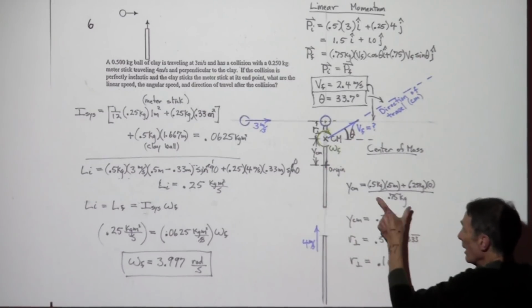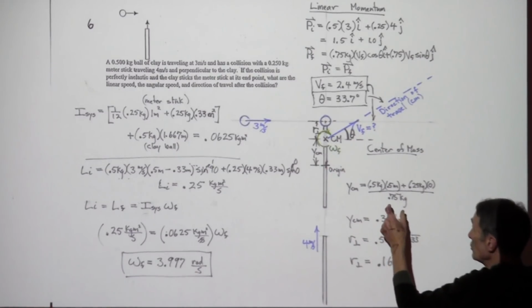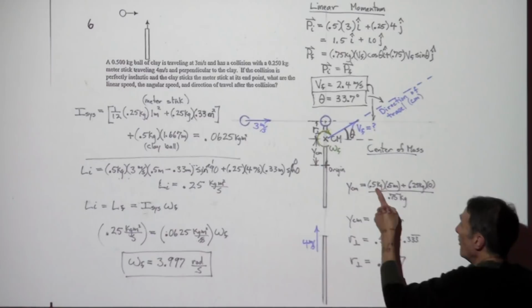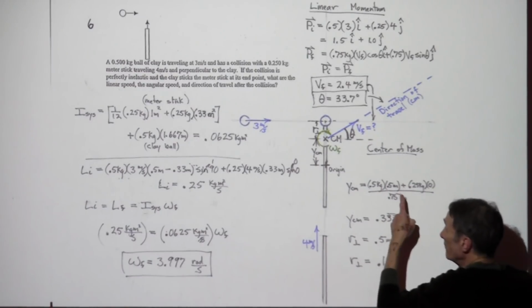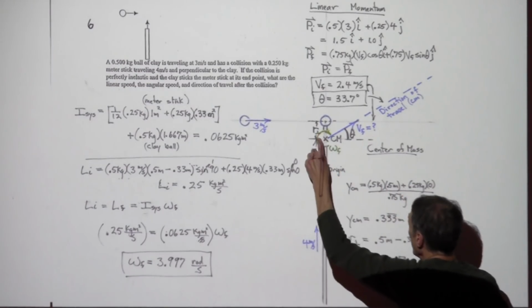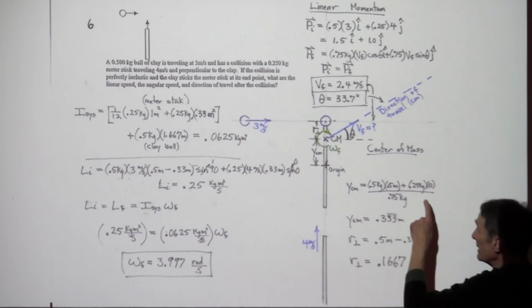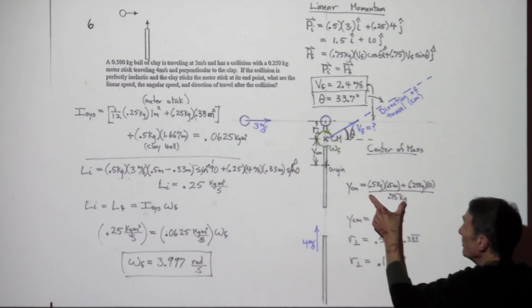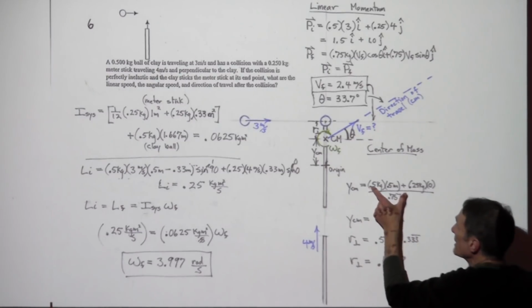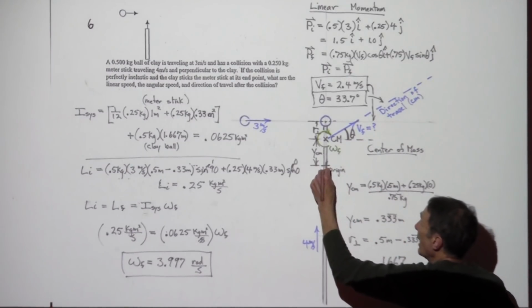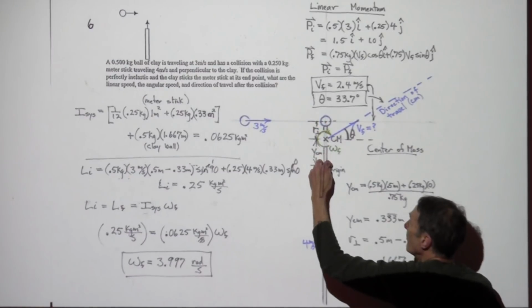So let me do the center of mass of this thing. It should be the sum of the individual masses times their y value, since we're going up here. And we're going to add these together. So this is going to be your clay ball. It's going to sit out here at a distance of a half meter away.